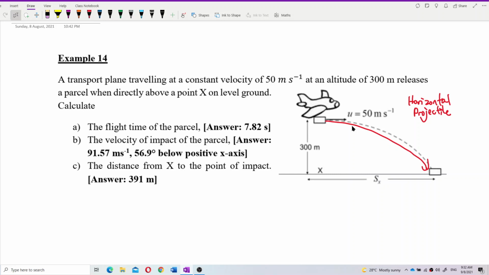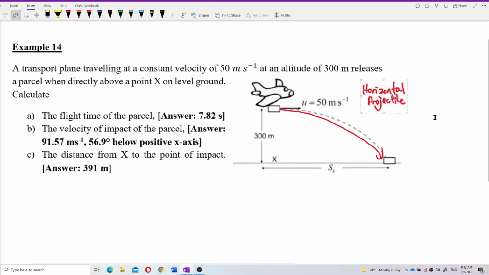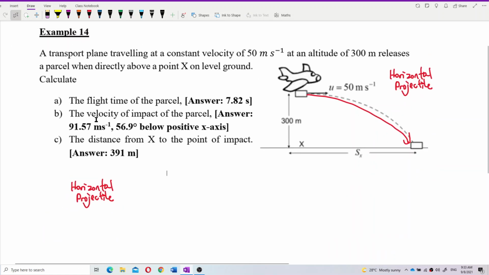One thing we can see from here is the initial velocity for a horizontal projectile. So we know it is a horizontal projectile.